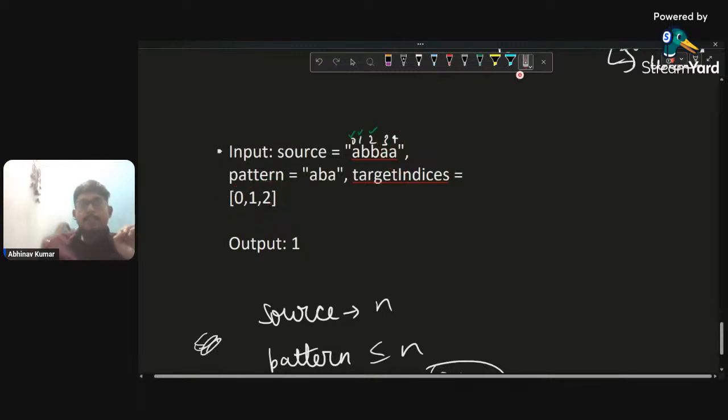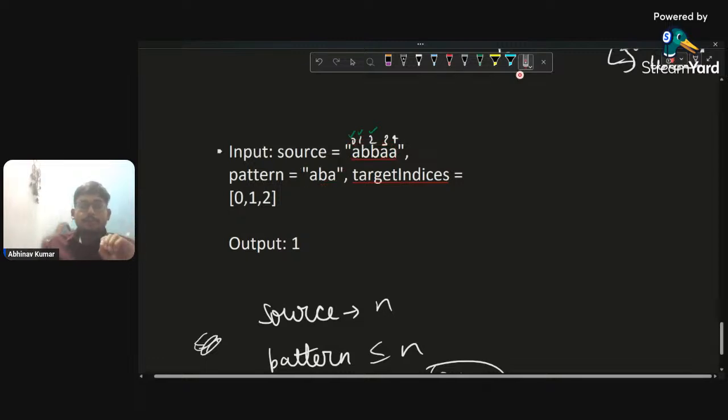Then the condition for deleting is you are given a pattern. Initially, this pattern is a subsequence of this source for sure. You can see ABA, there are multiple ways to get the subsequence ABA from this source.